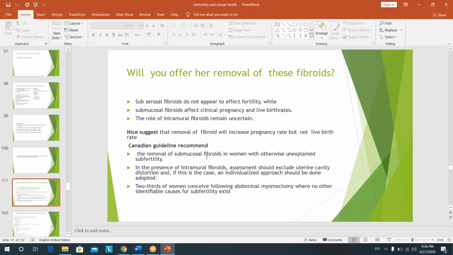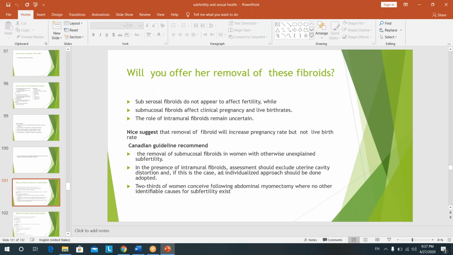If the patient has a submucous fibroid and unexplained infertility, so there is no other cause of infertility and only the patient has a fibroid, we have to remove this fibroid. This is according to the Canadian guideline. But what about the intramural fibroid?